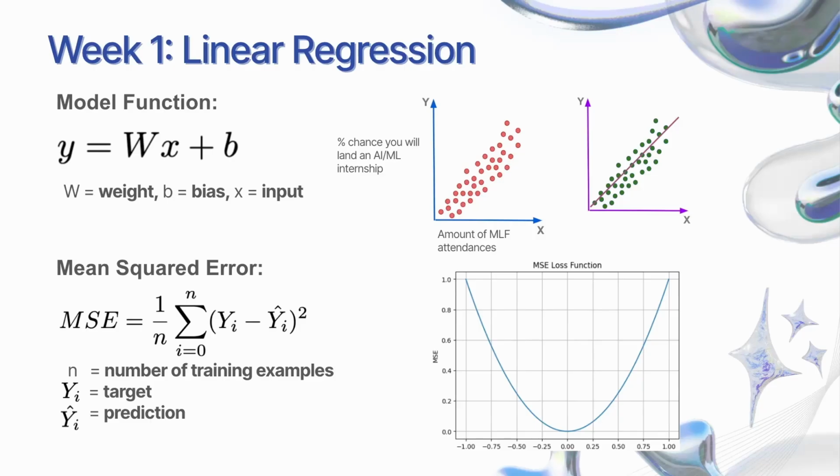For linear regression, we're assuming a linear relationship between our input and our output, and we're fitting a line of best fit, the purple graph. To quantify how well our model is fitting, we have the mean squared error, which calculates the distance between our predicted values and our actual values.